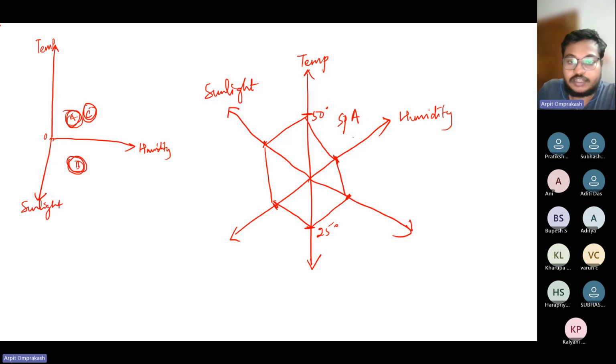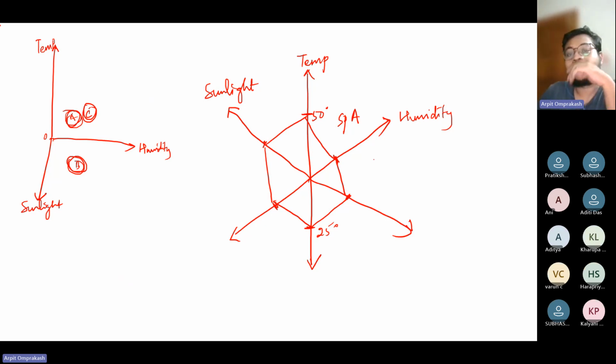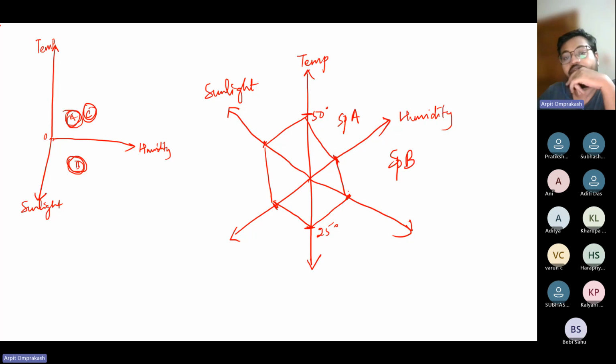For example, let's say we have species A which can survive in all these various temperature, humidity, and sunlight. But in that same area, we also have another species, species B, which can also survive in similar conditions.